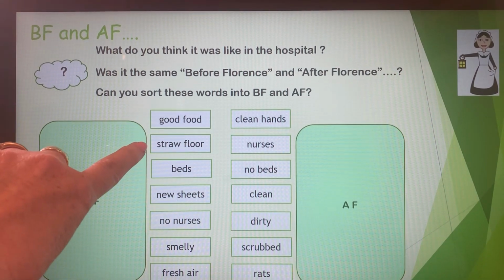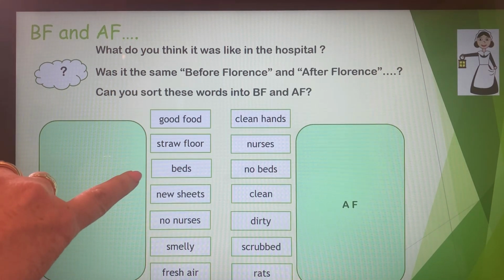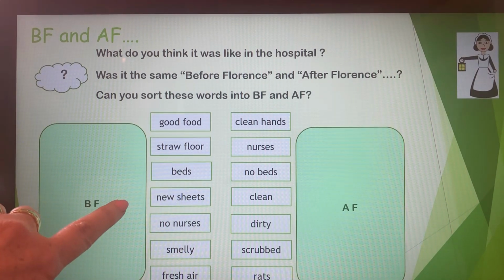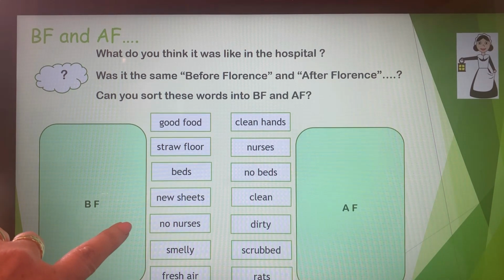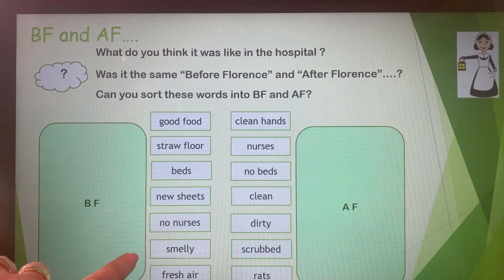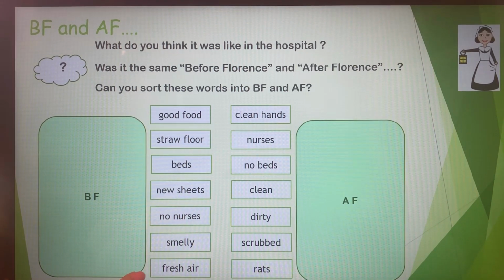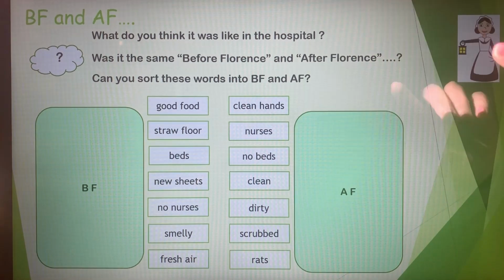Straw floor. Beds. New sheets. No nurses. Smelly. Fresh air. And then I'll swap hands and go up this side.